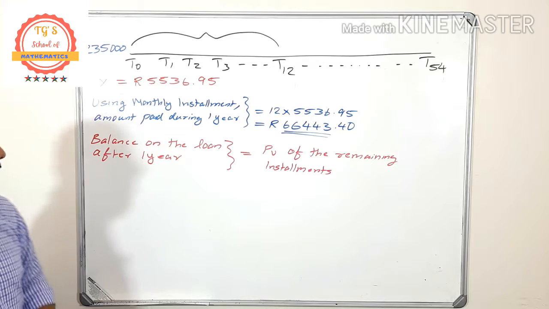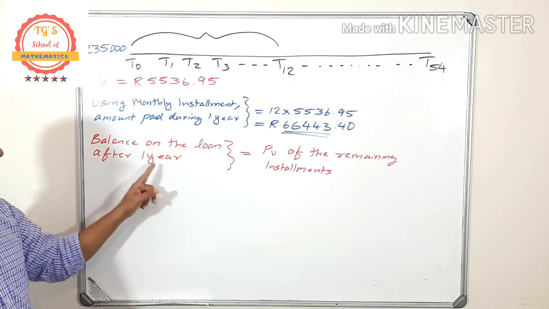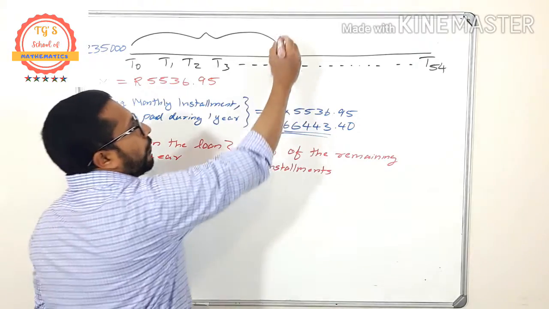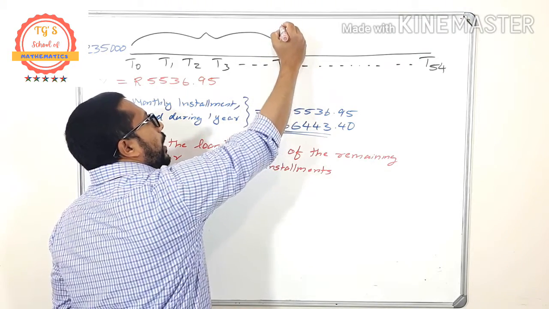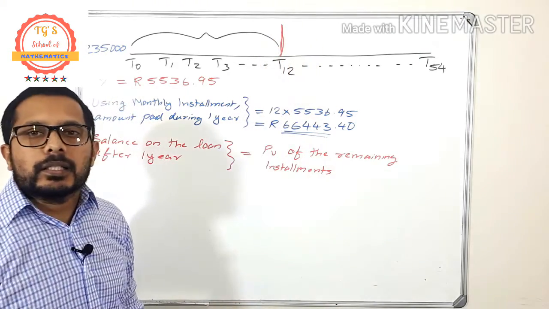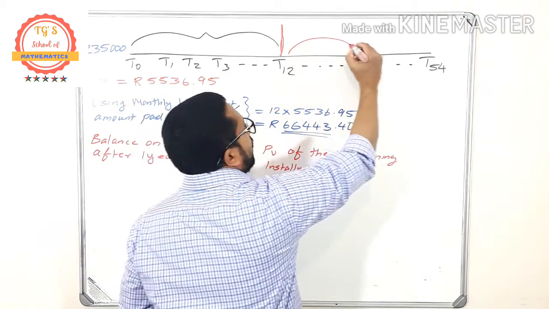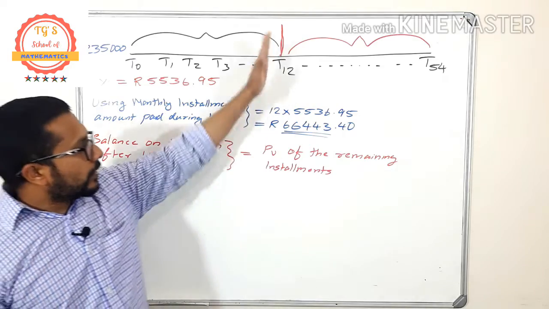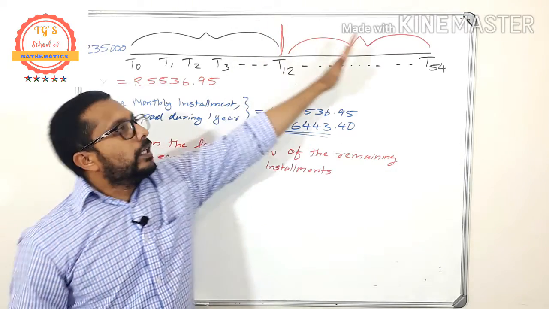What is written here? Balance on the loan after 1 year. So this is 1 year. Okay. So after 1 year, what is the balance? That is the same as the present value of the remaining installments.